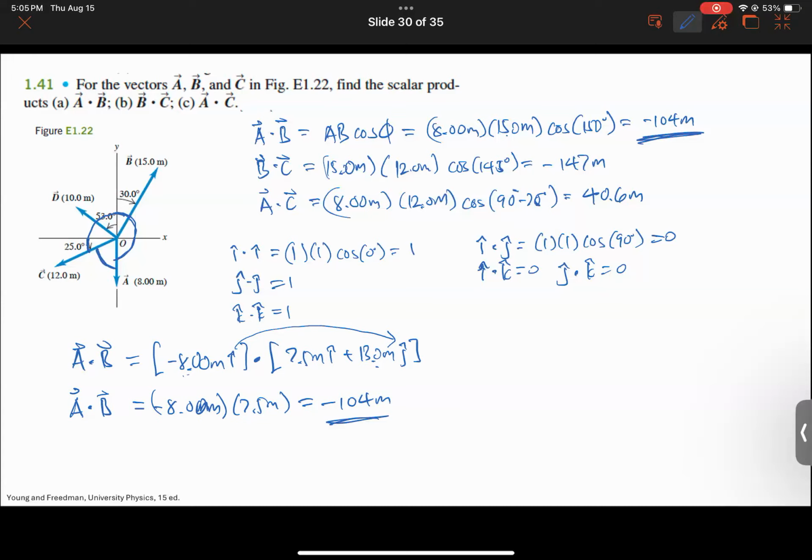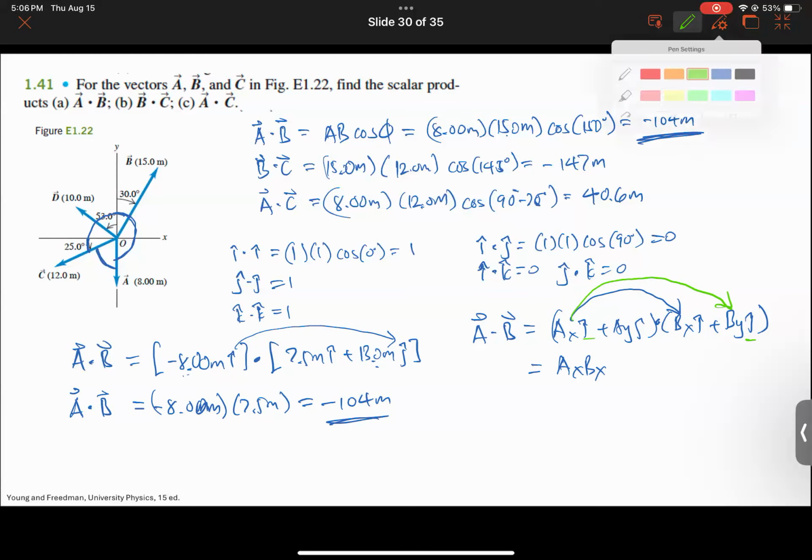If we generalize this, let's say A dot B is equal to AX I hat plus AY J hat dotted to BX I hat plus BY J hat. Anong makukuha natin? So, unang-una, AX BX, I hat dot I hat. So, AX BX. Next, we have AX BY, pero I hat dot J hat, so that's 0.